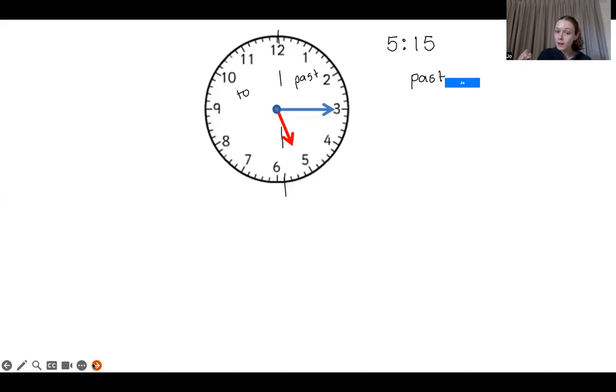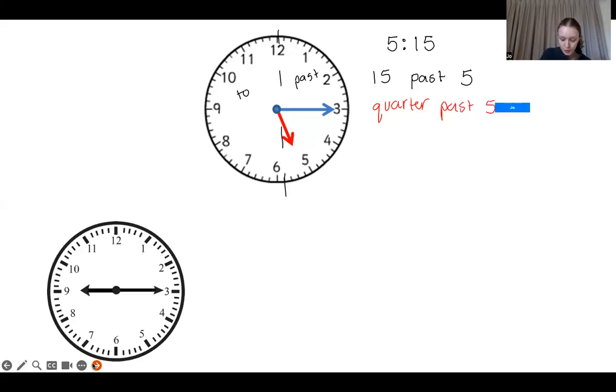Then I'm going to write the current hour, which is 5. And then I'm going to look at my minutes. It's 15 past 5. As I said, instead of saying 15 past or 15 minutes past, I can say quarter past. So I'm going to call this quarter past 5.